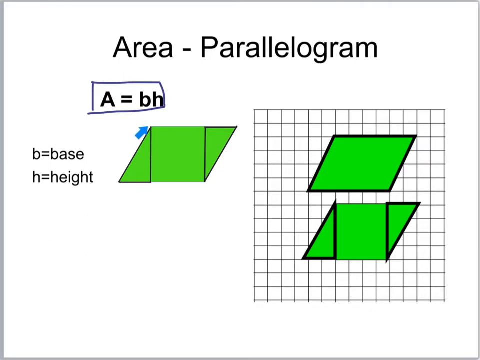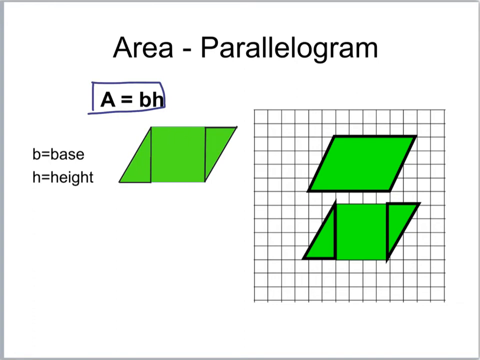I've drawn perpendicular lines from one parallel side to the other on both ends of it. So now I have 3 shapes that I've divided my parallelogram into: a triangle, a rectangle or a square, and another triangle that is identical to the first one.